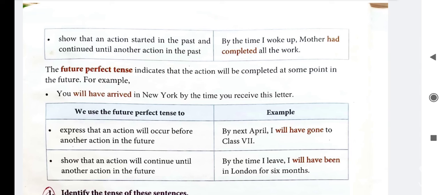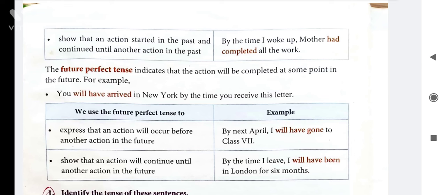Second point, show that an action started in the past and continued until another action in the past. Here, whatever event or action has started and it is continued until another action in the past.